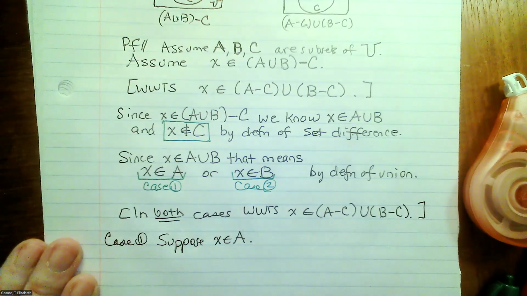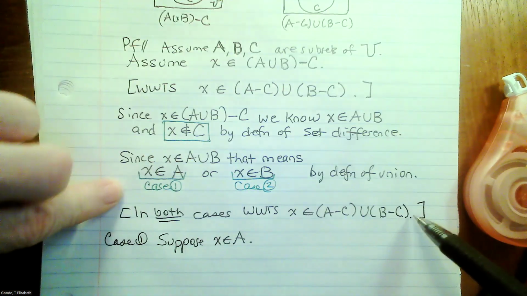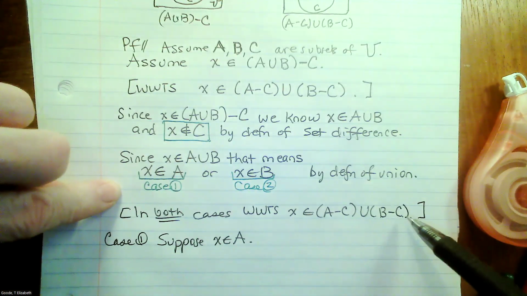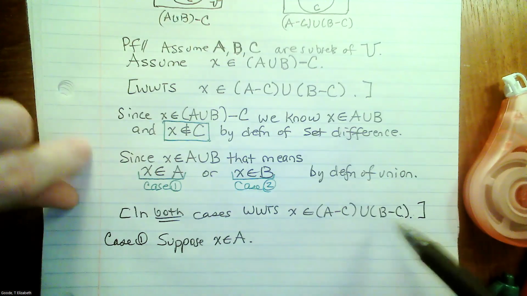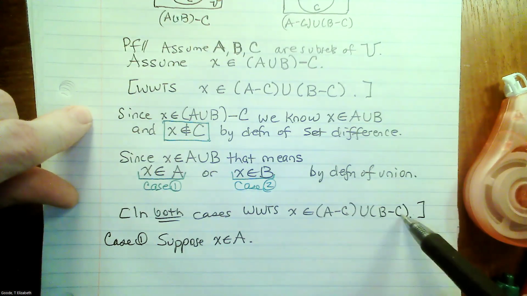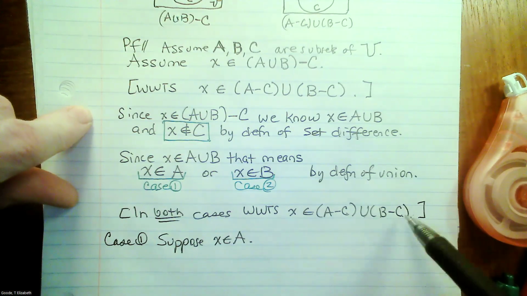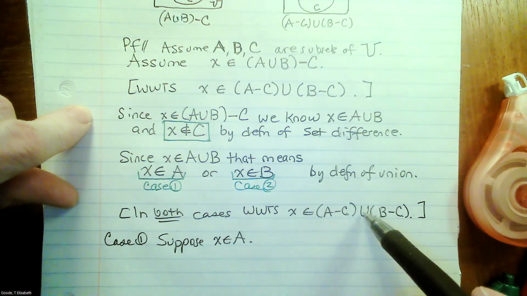Now, it can be helpful to take a look at the wish and break it down a little bit. We want to show that X is in A minus C union B minus C. The last operator that would be executed if we were constructing this big set would be this union.